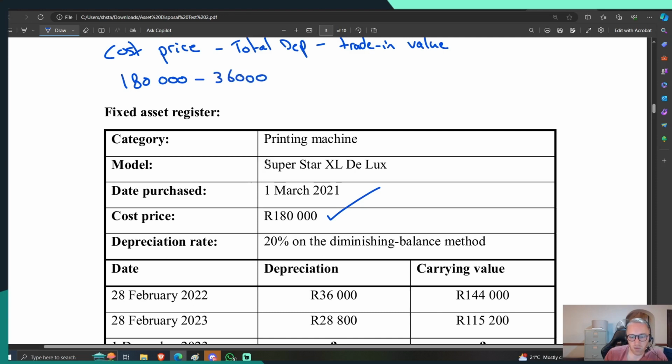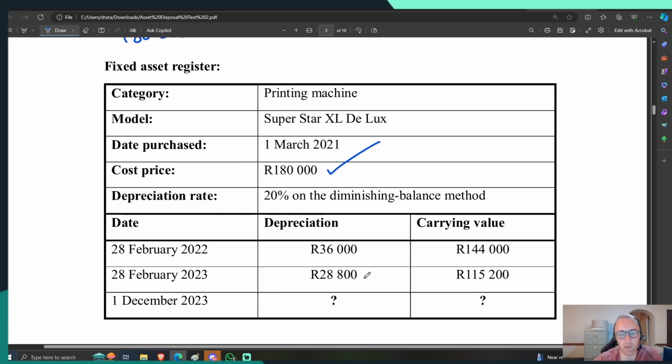The next year there was depreciation of 28,800. So we're going to minus that depreciation. Remember that we are usually given the total accumulated depreciation up to the beginning of the financial year. But this time, for some reason, they've split the accumulated depreciation over the last 2 years. That doesn't matter. We just add it together.